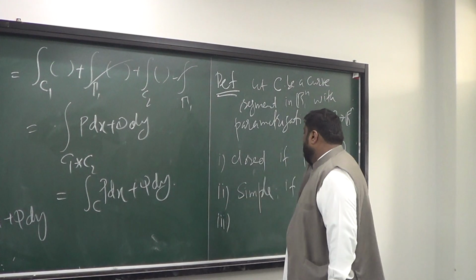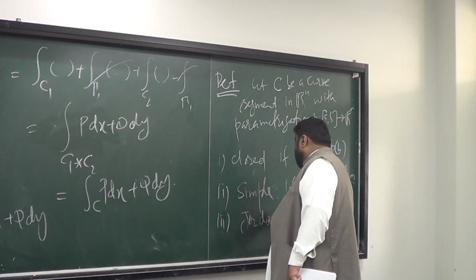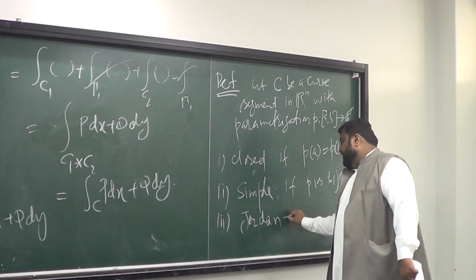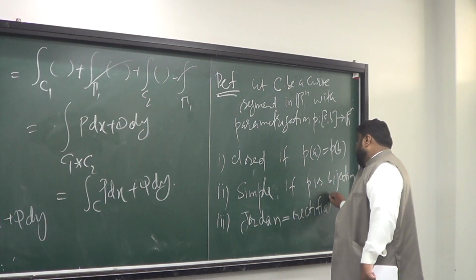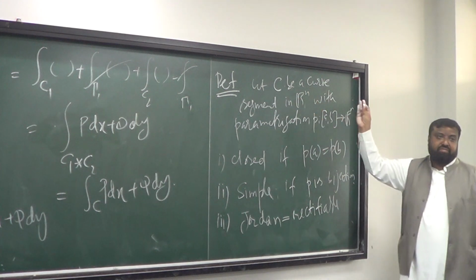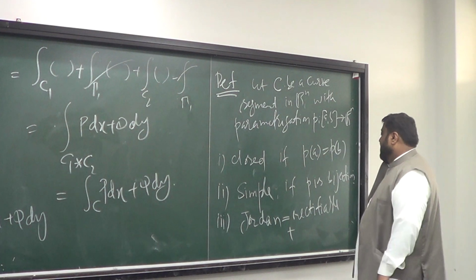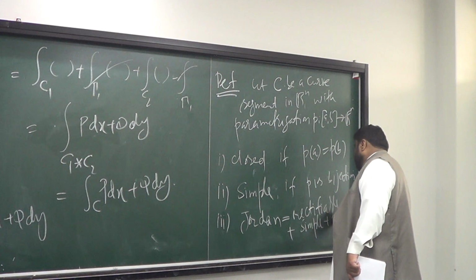I'm going to call a curve Jordan. I'm going to say that C is Jordan if it is rectifiable. At the moment I don't have rectifiability here, so a curve segment could have an infinite length as well, okay? Plus simple, plus closed.